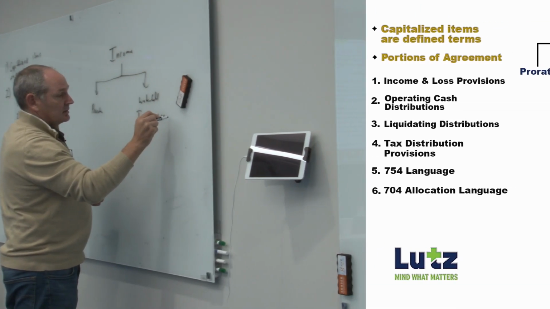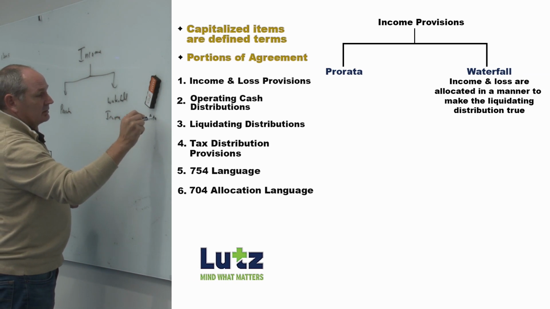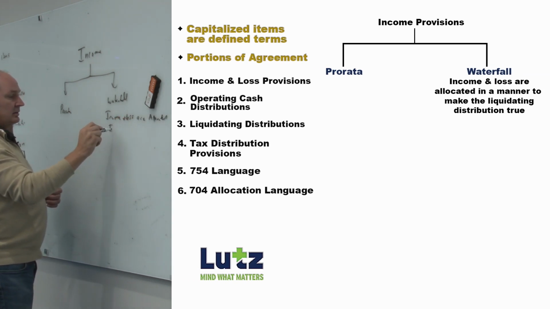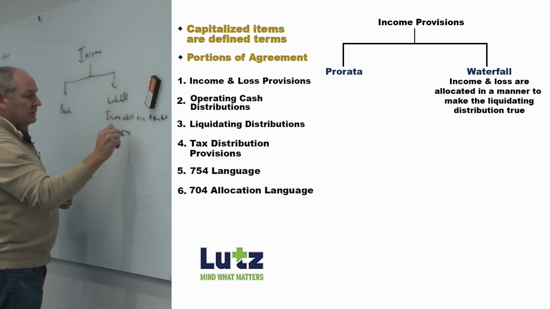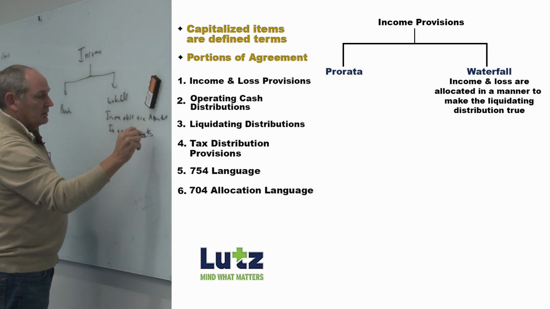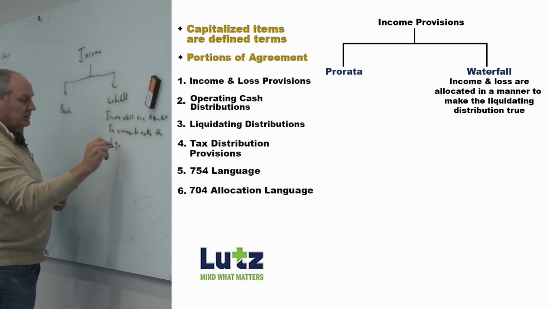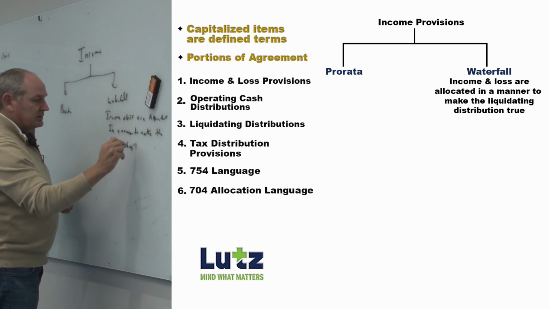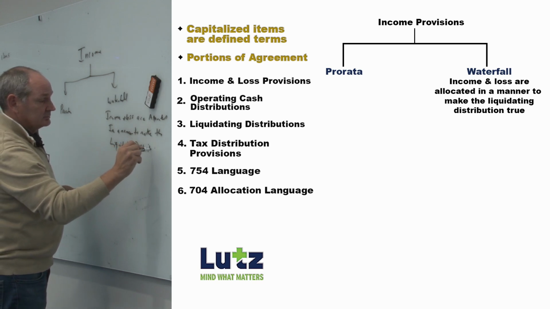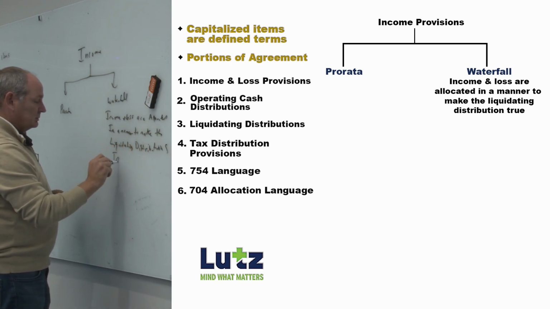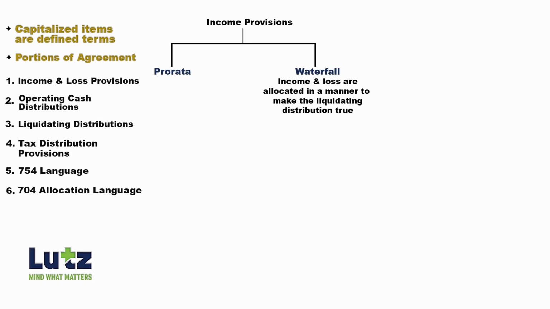A waterfall is going to say something to the effect of income and loss are allocated in a manner to make the liquidating distributions true. I mean, that's literally what almost all of them do: they reference the distribution section and the income allocations.